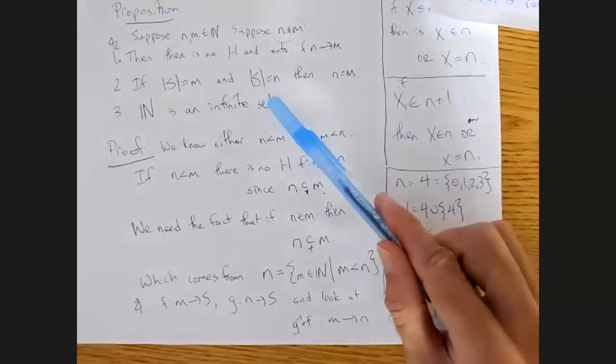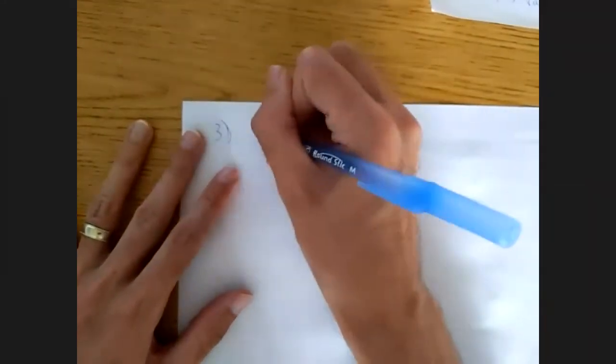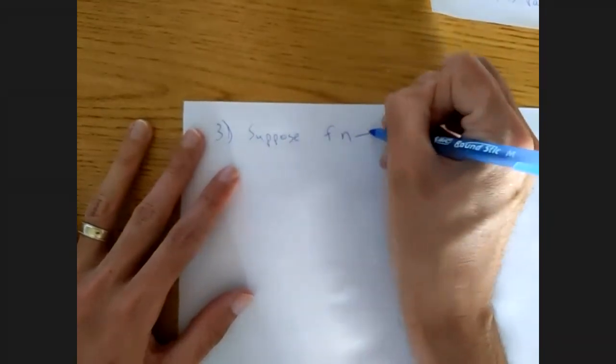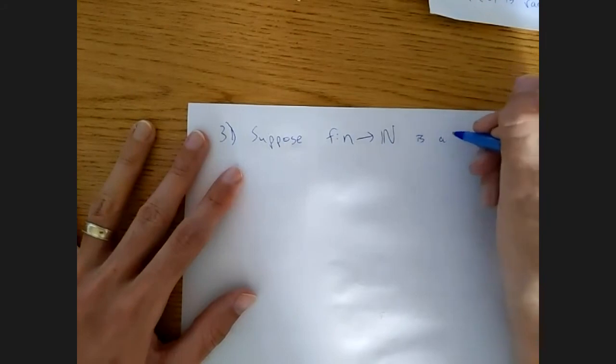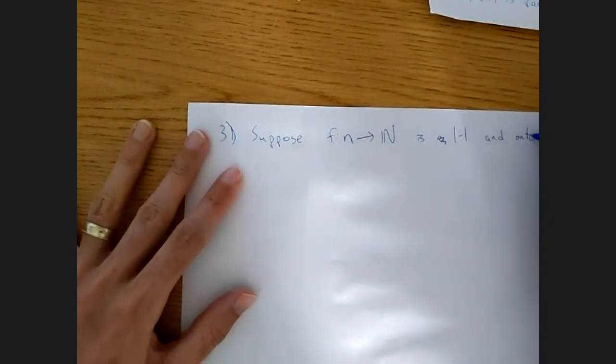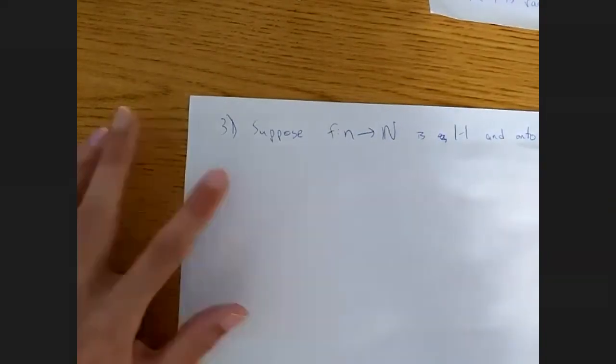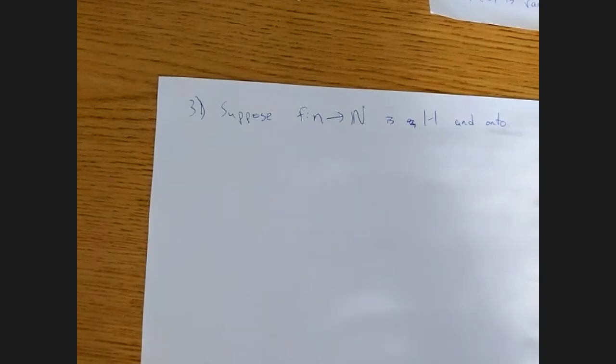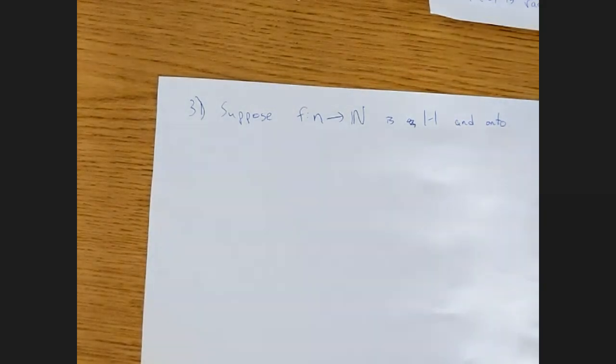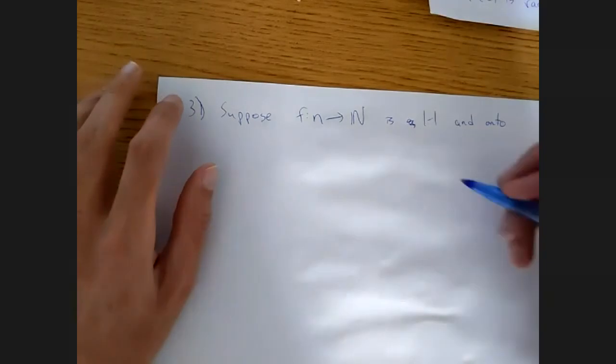Then for the third part, we need to show that the natural numbers is an infinite set. So for part 3, suppose f from the natural numbers to n is one-to-one and onto. Oh, I guess I should switch these around.